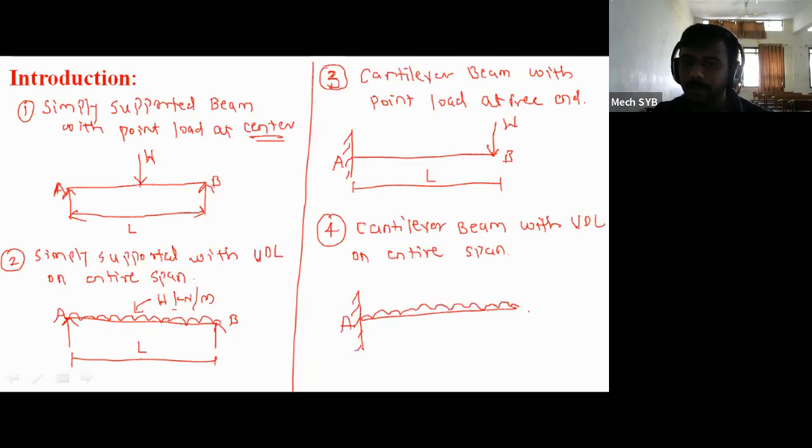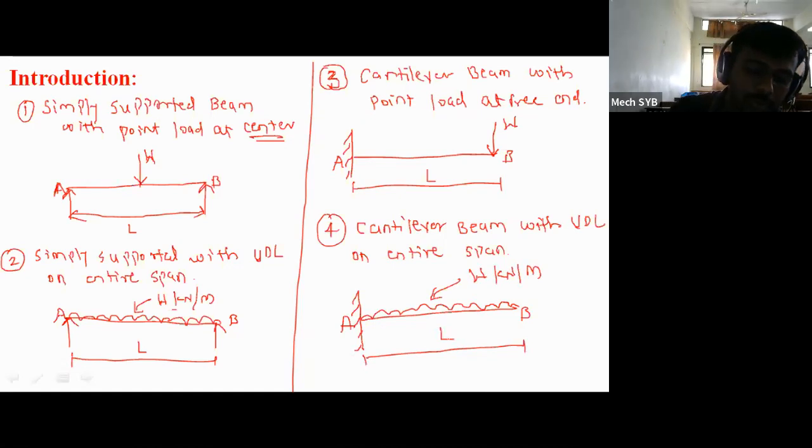So point A, point B, the magnitude of UDL, W kilonewton per meter, and this will be the overall length L. So these are the 4 standard cases in front of you.